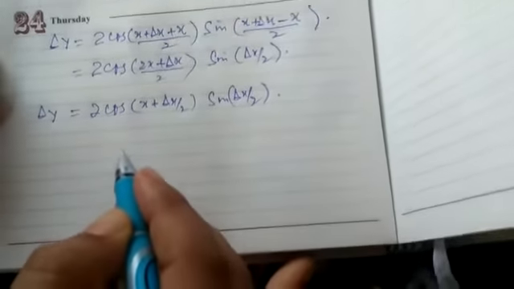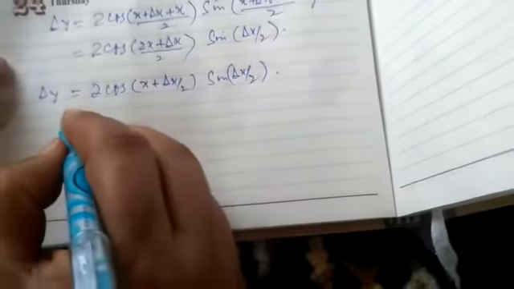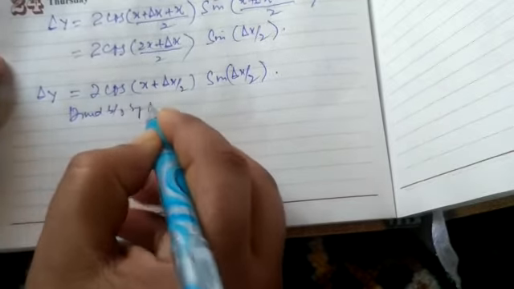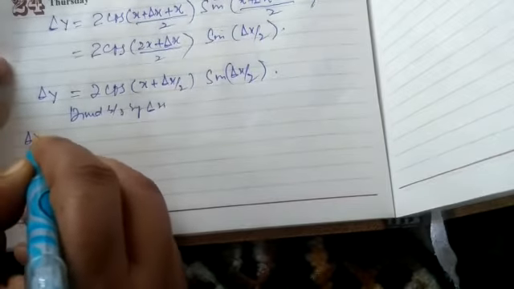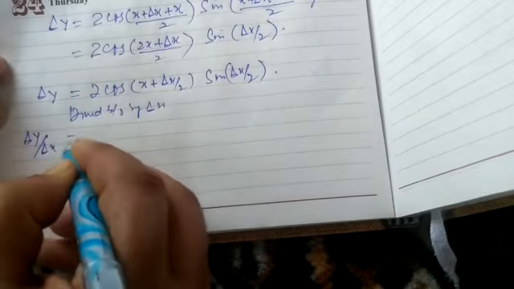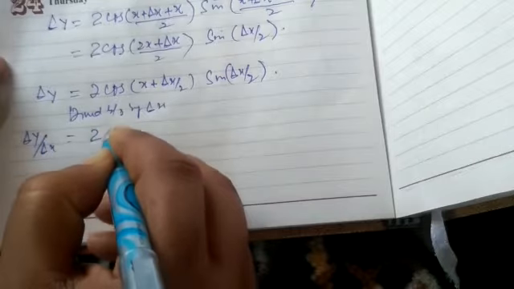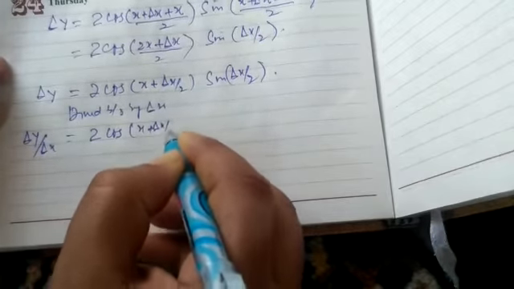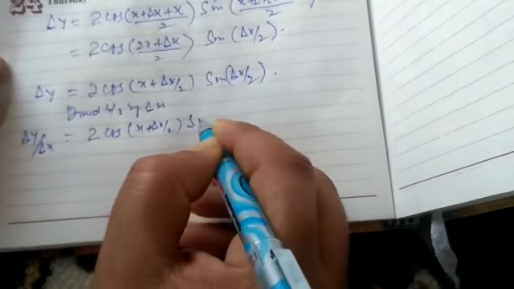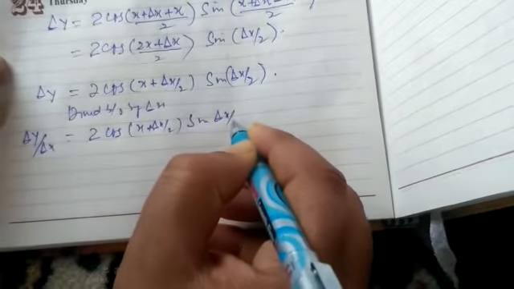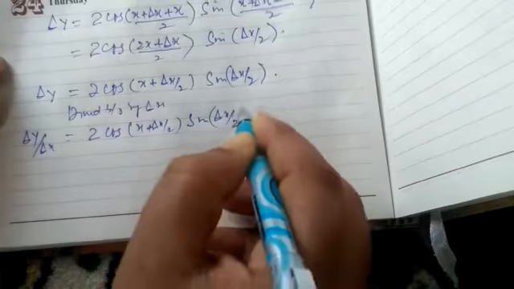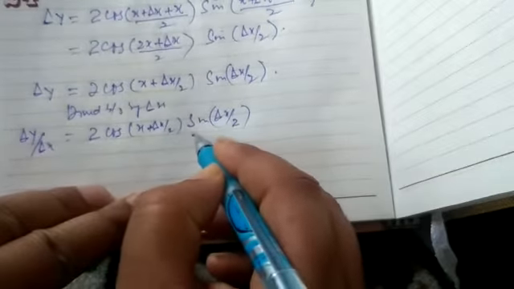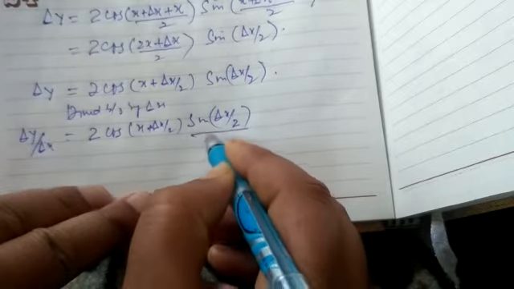Now the next step is dividing both sides by delta x. So delta y by delta x equals 2 times cos of x plus delta x by 2 into sine of delta x by 2, divided by delta x. I can divide anyway because it is a multiplication.